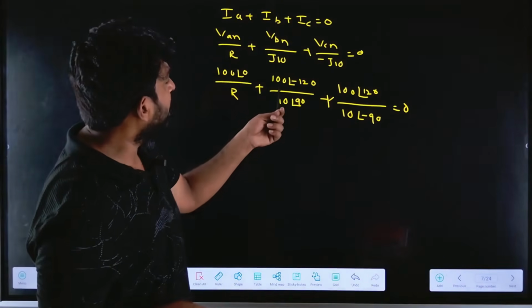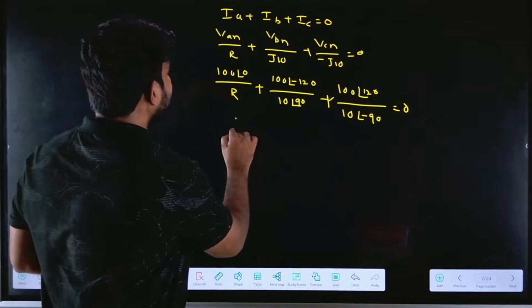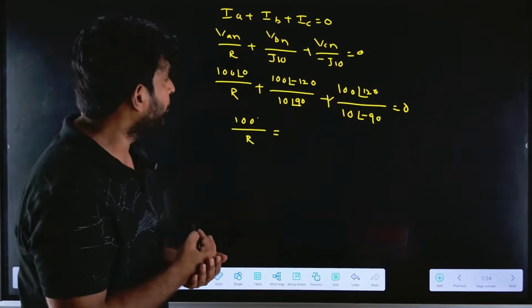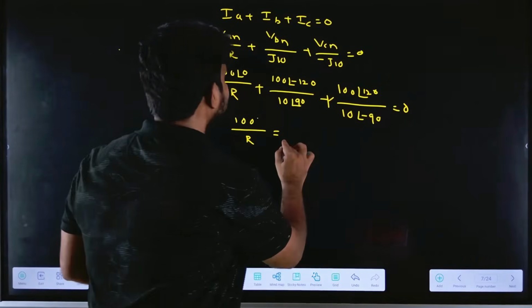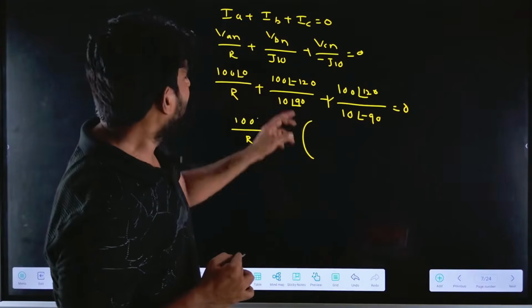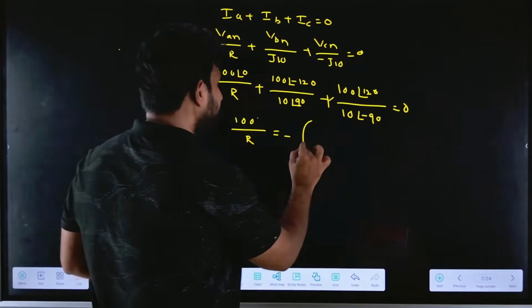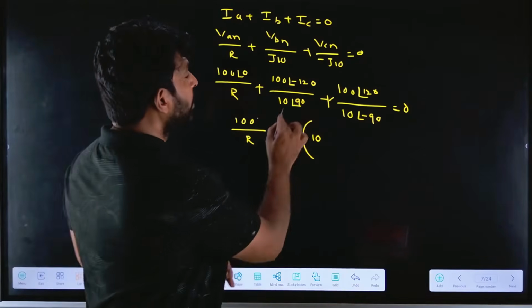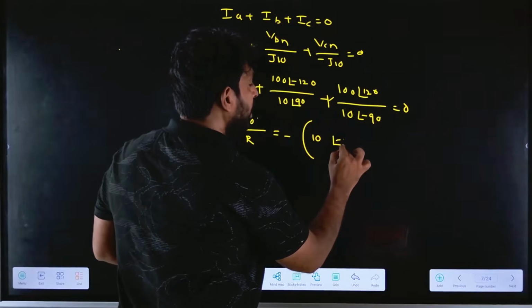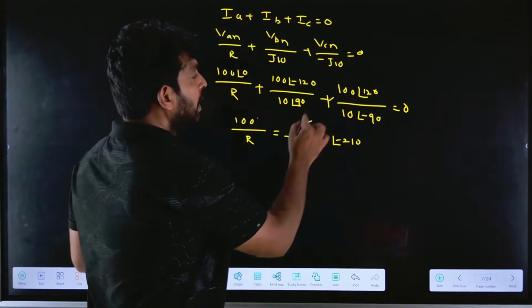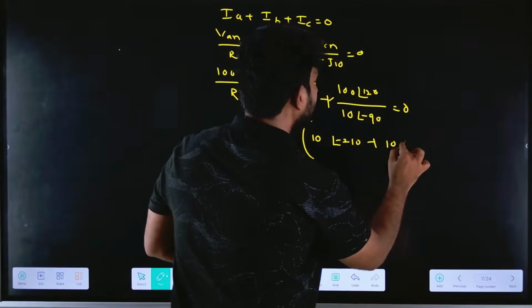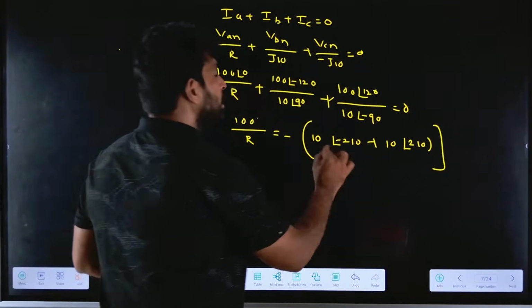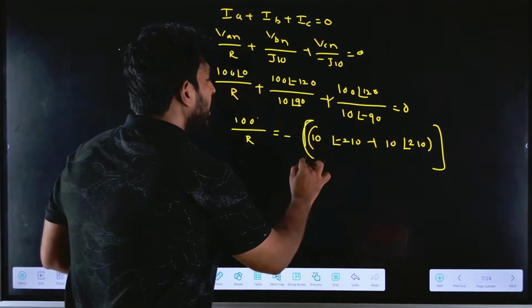So 100 at an angle of 0, 100 by R, which is equal to, if I move this side, minus of 100 by 10, which is 10 at an angle of minus 210 degrees, plus 10 at an angle of plus 210 degrees. Now we got this value.